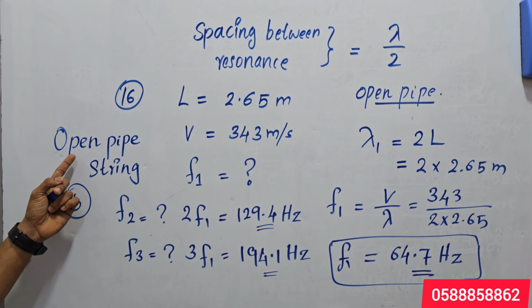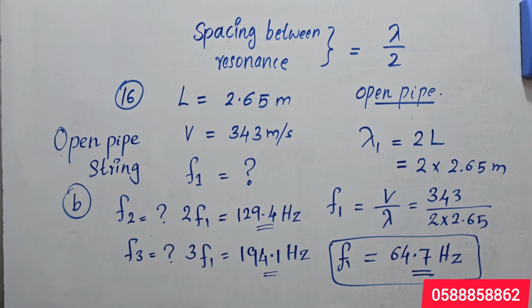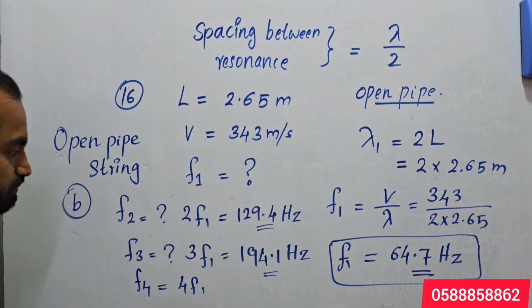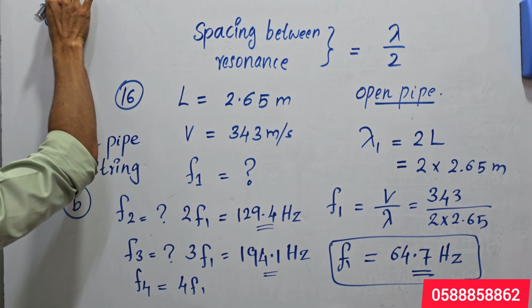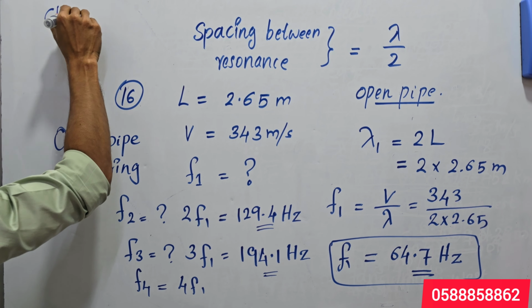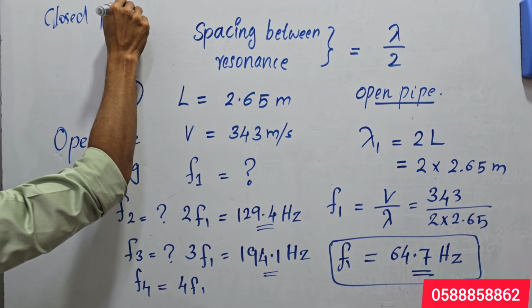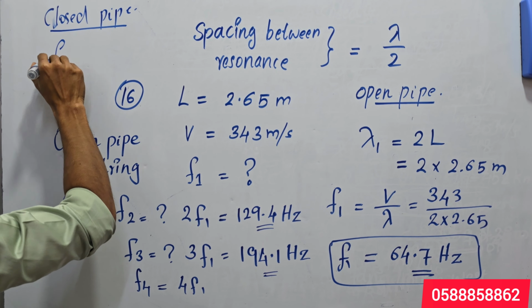So for an open pipe and a string, to get the higher frequencies, we multiply like this. F2 is equal to 2 multiplied F1, F3 equal to 3 multiplied F1, F4 is equal to 4 multiplied F1, like that. And if it is a closed pipe, the relationship is a little bit different. If the question is about a closed pipe, how to get F2?